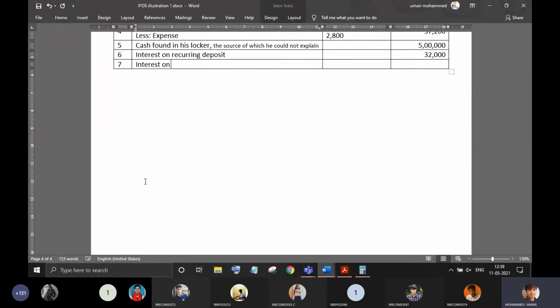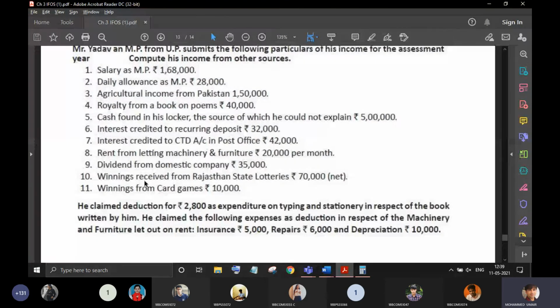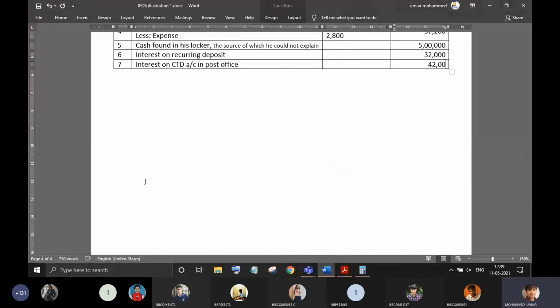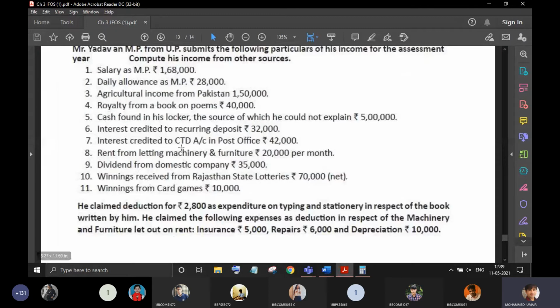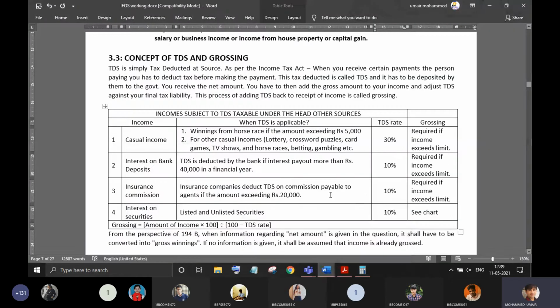Interest on cumulative time deposit. Here also TDS is not applicable. You might be saying that here the amount has exceeded 40,000, which is the limit as specified here, right? Now this is not a bank deposit.